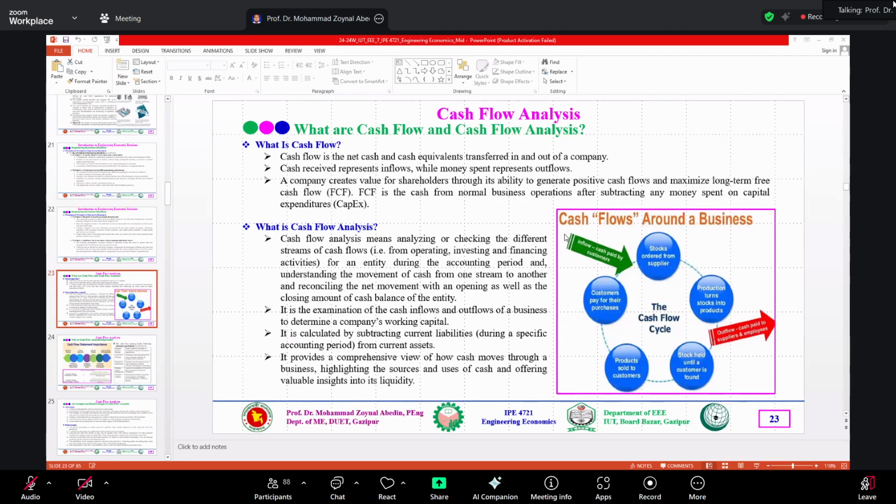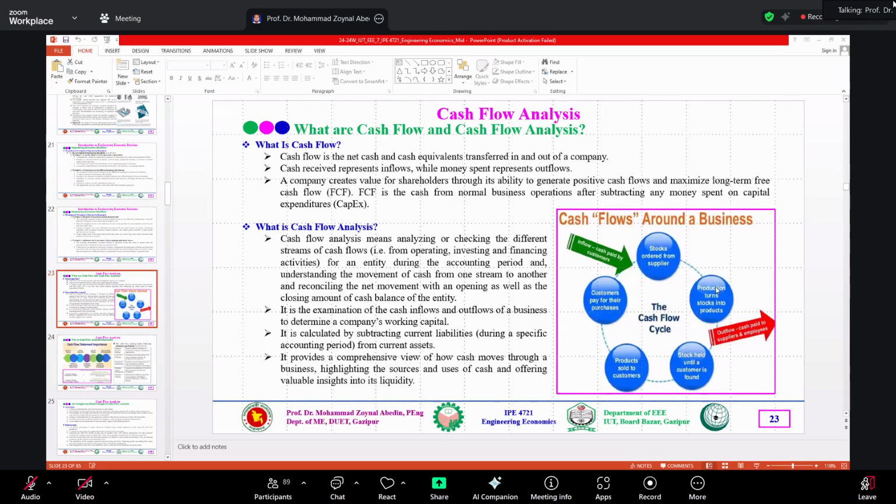Here around a business cash flows, you can see inflow, cash paid by the customers that will come to your company. So here you can see the stocks ordered from supplier, production turns stocks into products, then stock held until a customer is found, products sold to the customer, customers pay for their purchases.